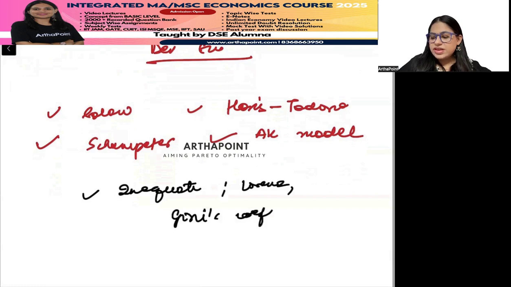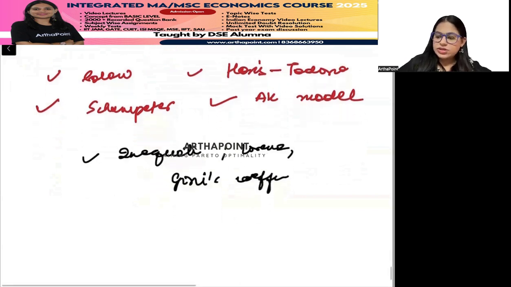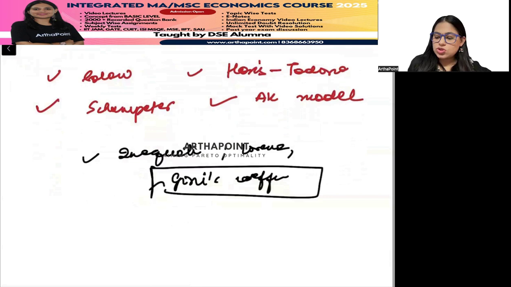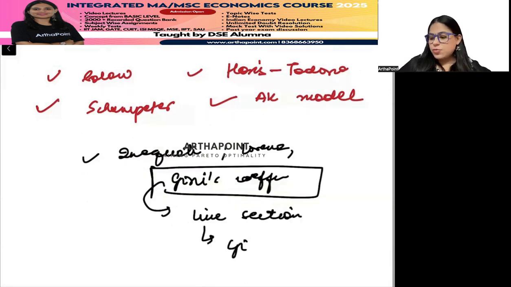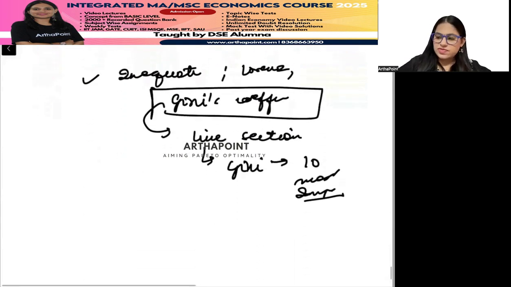Very recently, I have recorded the most important questions on Gini's coefficient. If you go to the live section of the YouTube channel of Artha Point, you will find 10 most important questions on Gini's coefficient. Revise those important questions well.